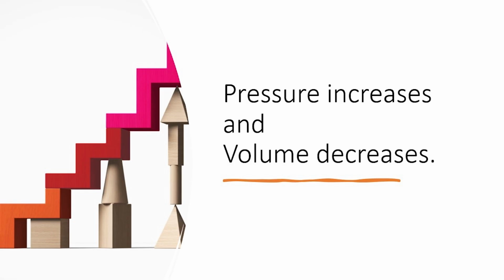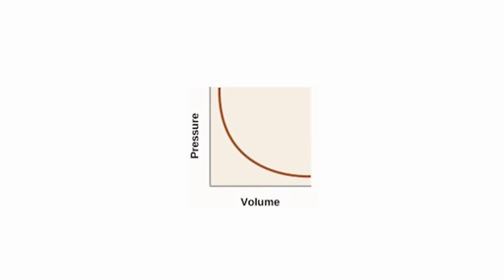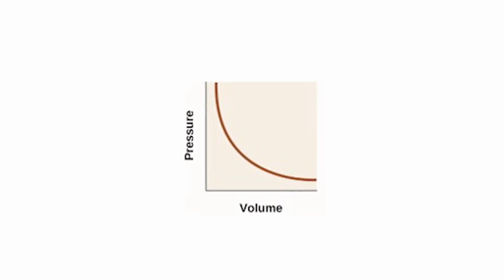Yes, as the pressure increases, the volume decreases. So they are inversely proportional. Now let us draw the graph showing the variation of pressure with volume. What can you infer from the graph? As the pressure increases, the volume of the gas decreases.